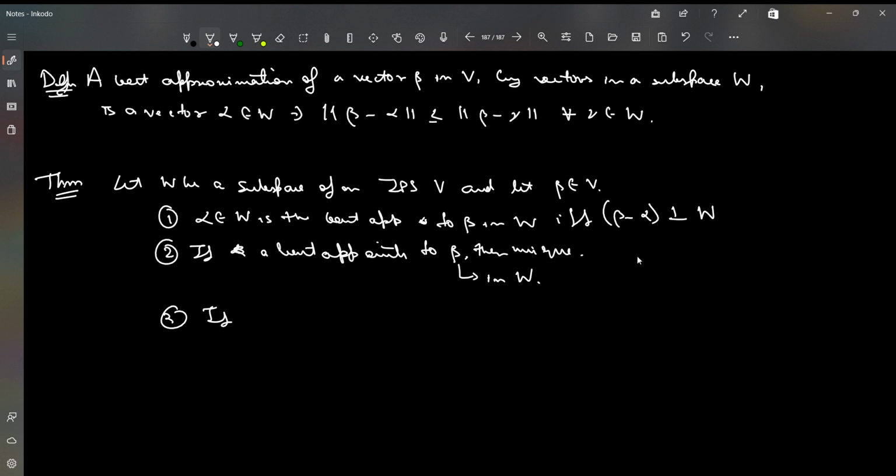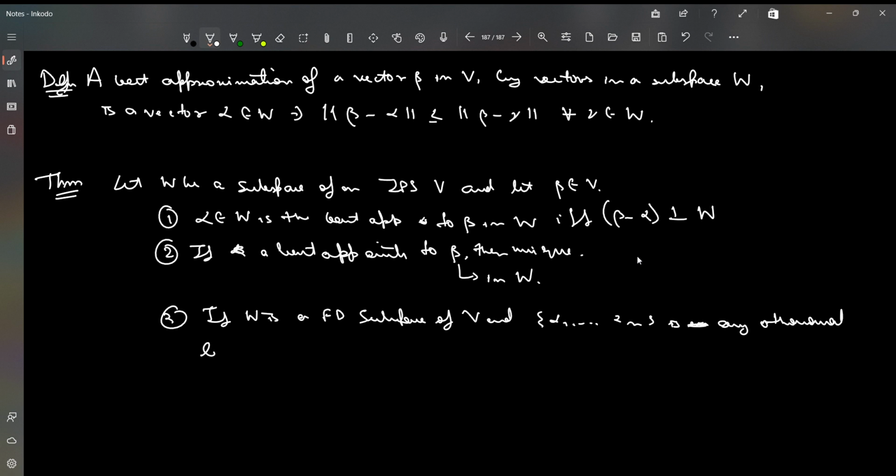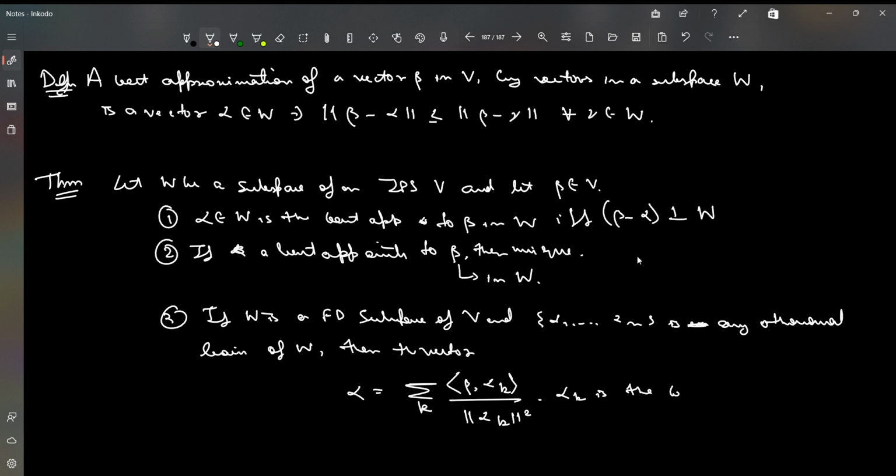And number three, the most important part of this theorem: if W is a finite dimensional subspace of V, hence we can talk about an orthonormal basis, and if alpha 1 to alpha n is any orthonormal basis of W, then the vector alpha equals the summation over k, where k ranges from 1 to n, of the inner product of beta with alpha k upon the norm of alpha k squared, times alpha k, is the best approximation.